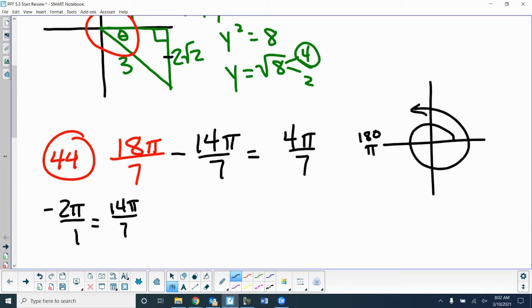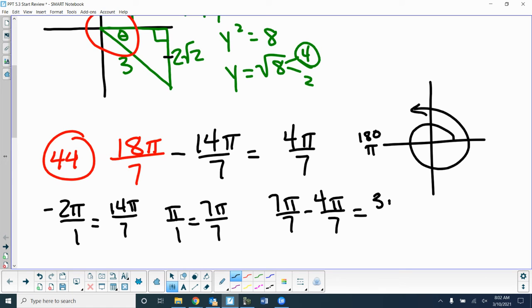So pi over 1 equals 7 pi over 7, right? Multiply both by 7. So I could go 7 pi over 7 minus 4 pi over 7 to get the reference angle, which is 3 pi over 7. I was hoping when I did the decimal stuff it would have worked back, but it wasn't working out for some reason. So that was the answer to 44.